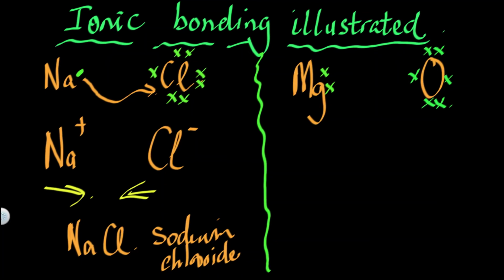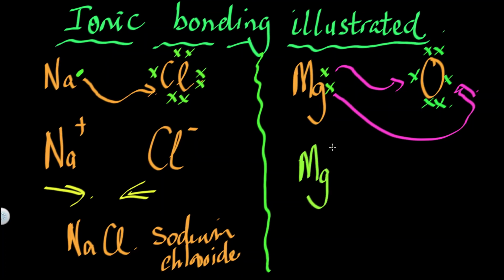So we're going to have a migration here, the electrons coming over, such that in the end we have Mg 2 plus and O 2 minus. Please see how I'm writing the charges here.